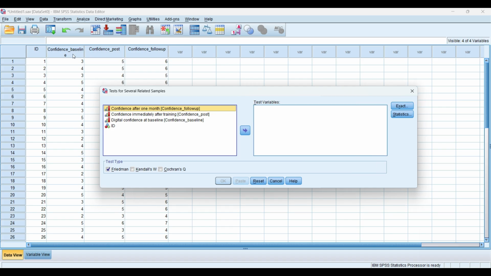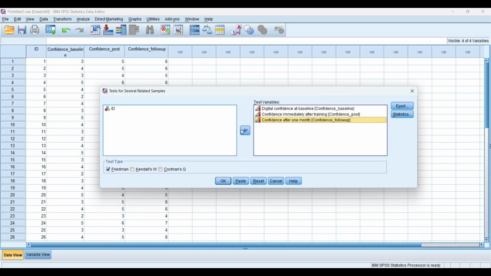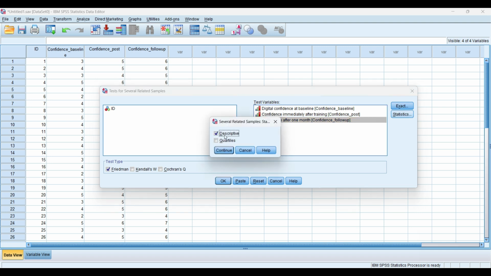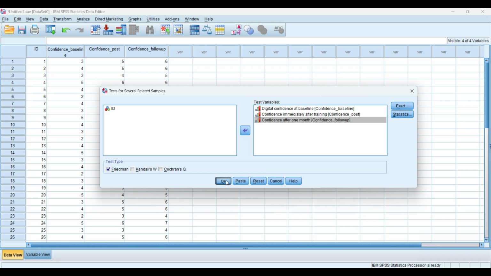The first one is baseline, then confidence immediately after training, and confidence after 1 month. We click on Statistics, select descriptive statistics, and click OK.